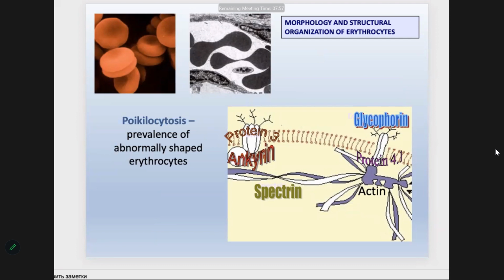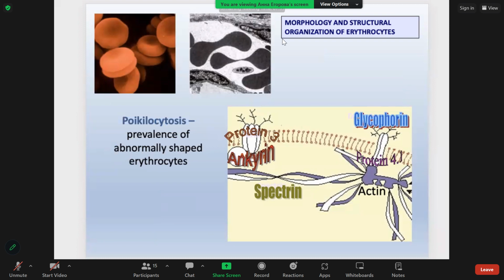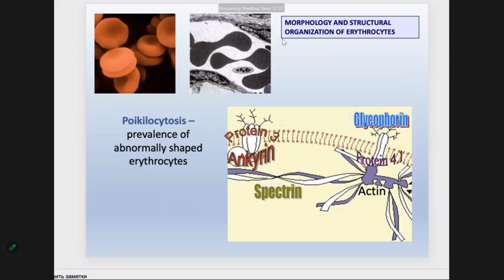Next, protein 4.1, an unusual name, connects with the elements of the cytoskeleton and actin filaments, and also connects with the peripheral protein spectrin. This complex of proteins helps to change the shape of the erythrocyte if it is necessary.